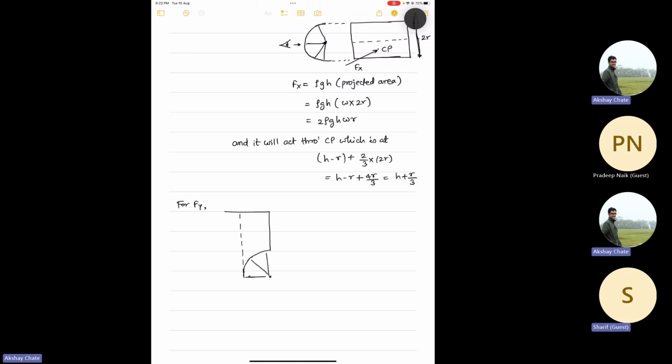So this is your gate, it is hinged like this. Let's say this is your area 1 and this is your area 2. This is height h, and this is your r. This is a semicircular gate, so this will also be r. So A1 is equal to h into r, because this is also r, so rectangle.